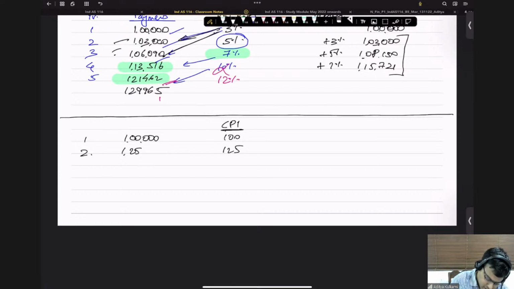So this becomes 1,25,000. Third case, suppose this becomes 135. Then what are you going to do? Into 135 divided by 125. So this will become 1,35,000. Likewise, you will go on calculating the lease payments every year.